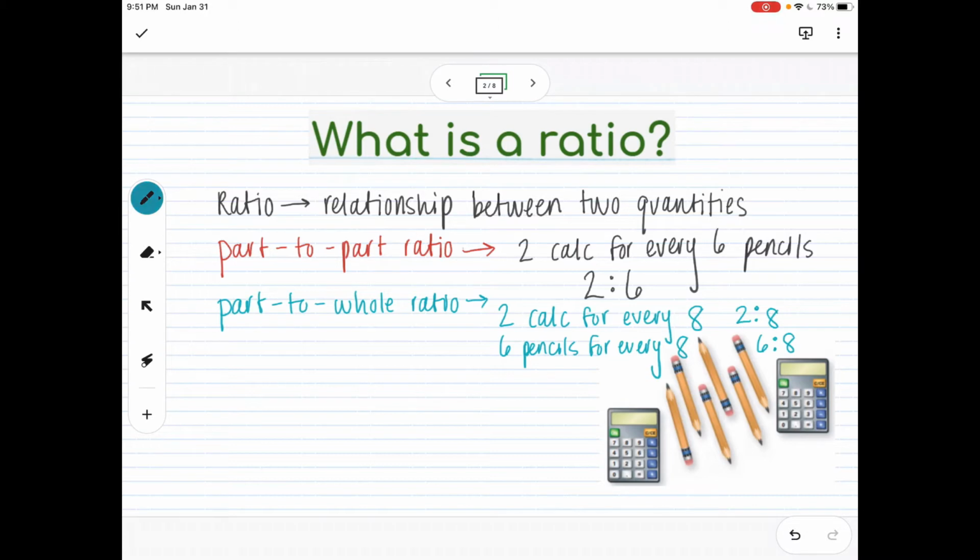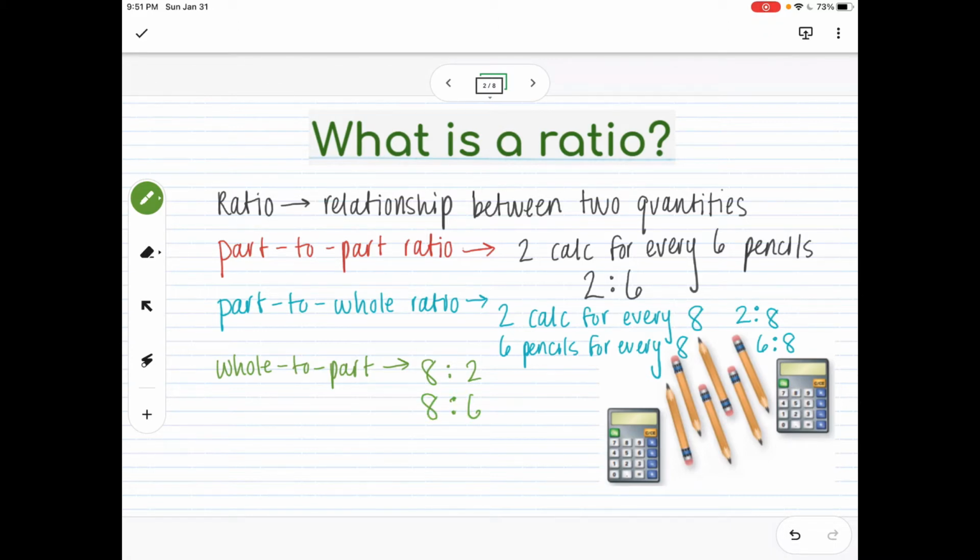And then the last type of ratio would be whole to part. It would be the same idea, but just reversed in order. So it would be the same thing, except backwards. So there would be 8 of the whole for every 2, and then 8 in the whole for every 6 when it comes to pencils.